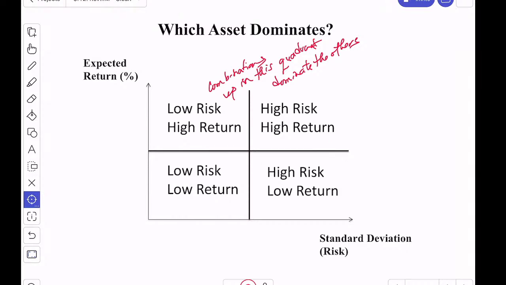If you were considering two portfolios, let's say one here and one here, of course you're going to pick this one over this one, right? Because this is lower return. If you had to compare low risk, I said the wrong term. This is low risk when I compare this to this.